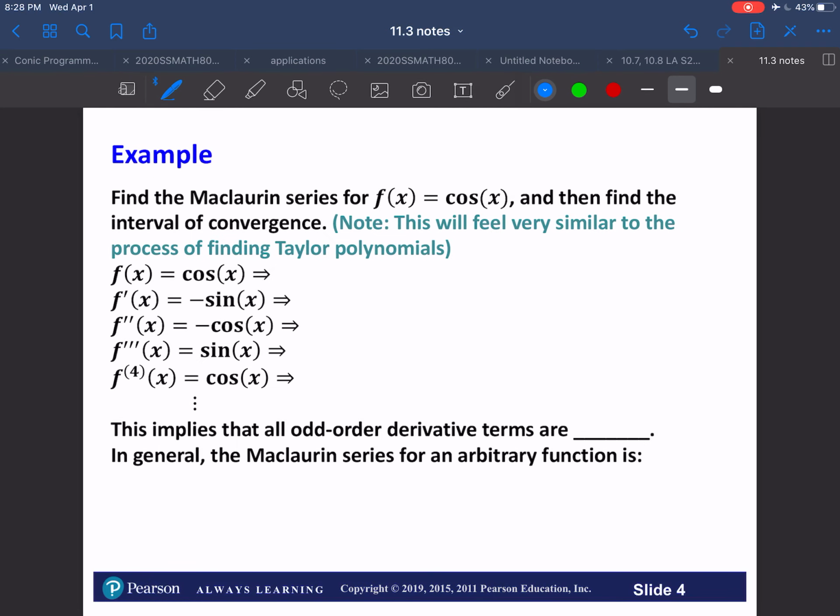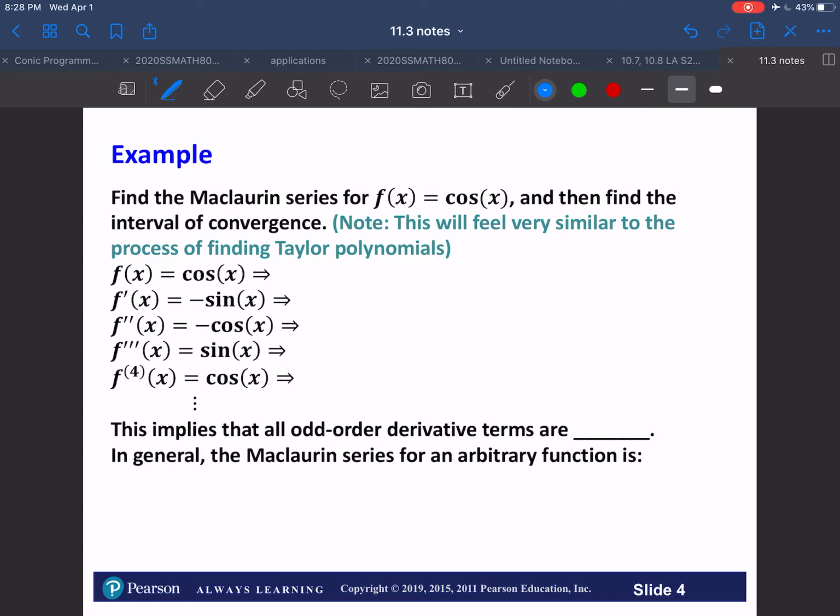In this first example, we are going to find the Maclaurin series for cosine of x. All right, so in section 11.1, we already discussed what the Taylor polynomial for the cosine of x is. And we'll see it again here, except now it's extended infinitely.